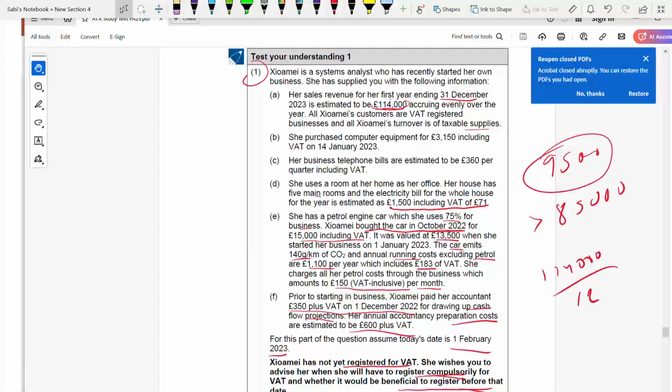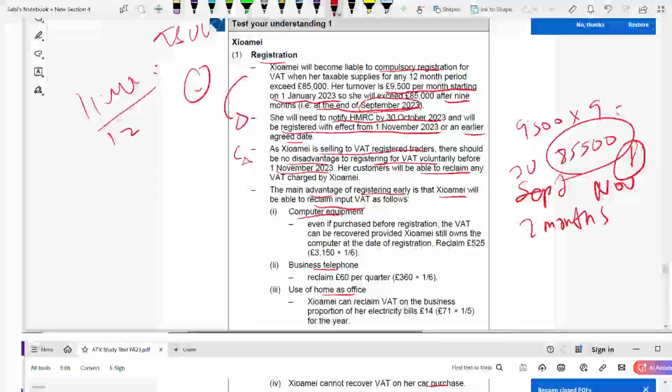So you have purchased it on 14 Jan, before registration for VAT, and the registration is from 1st November. It's including VAT, by the way, 3,150. You have to take the VAT out. Even if purchased before registration, the VAT can be recovered provided they still own the computer at the date of registration.